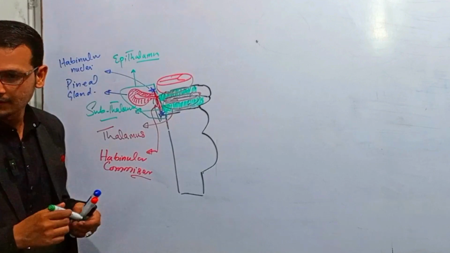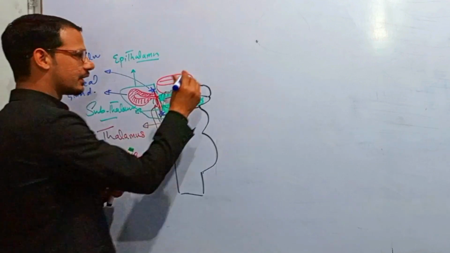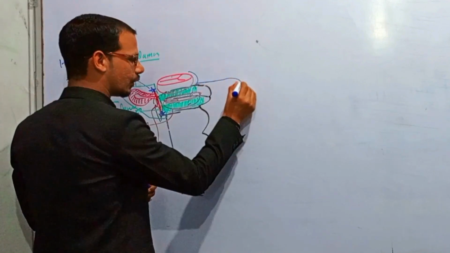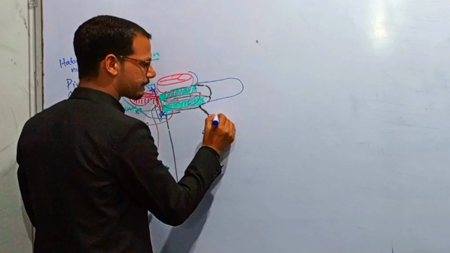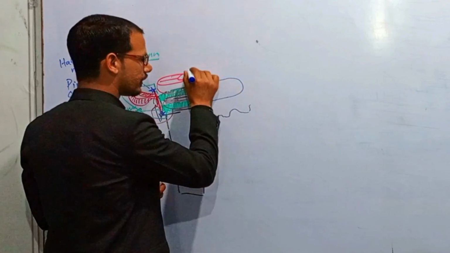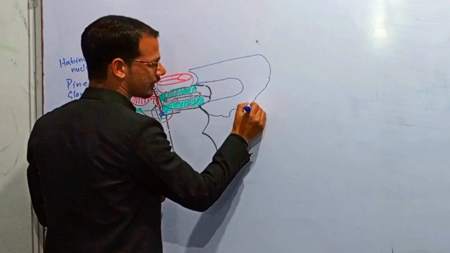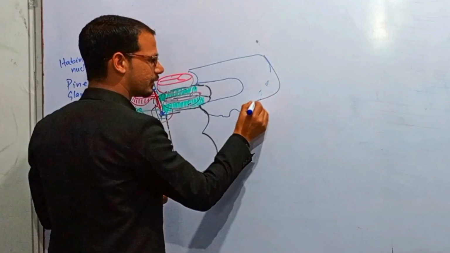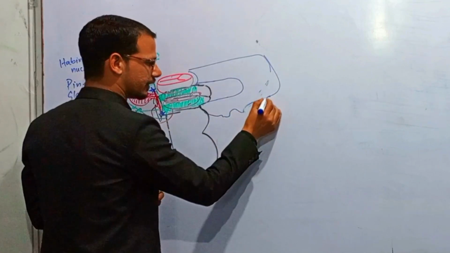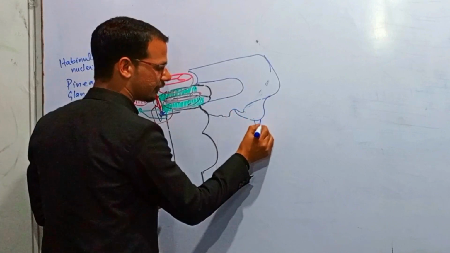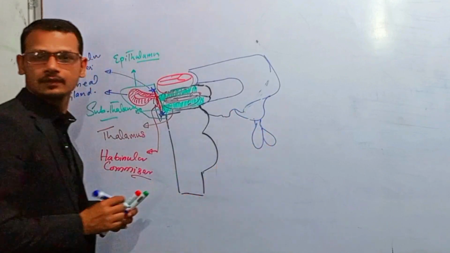In front of this we know that we have hypothalamus. This is hypothalamus, and here we have tuber cinereum and we have pituitary gland.